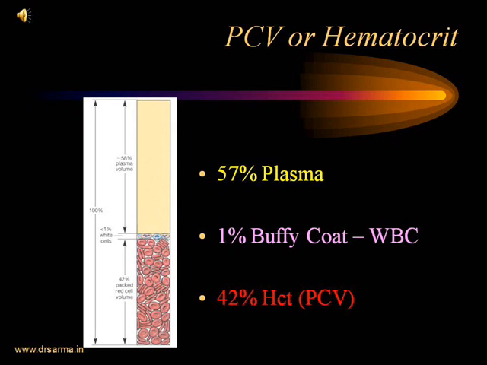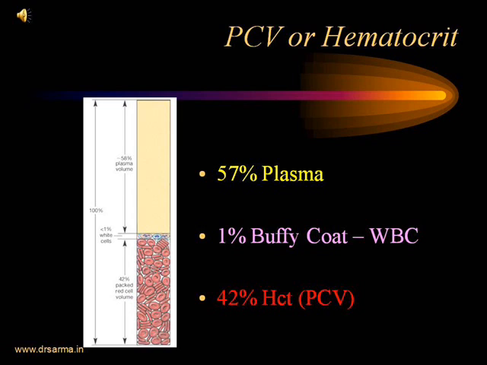So, after knowing that the patient has got low hemoglobin, the next important step is to look at his hematocrit. Hematocrit is also referred to as PCV. PCV is packed cell volume. Take a known quantity of blood in a PCV tube or a hematocrit tube, centrifuge the blood.